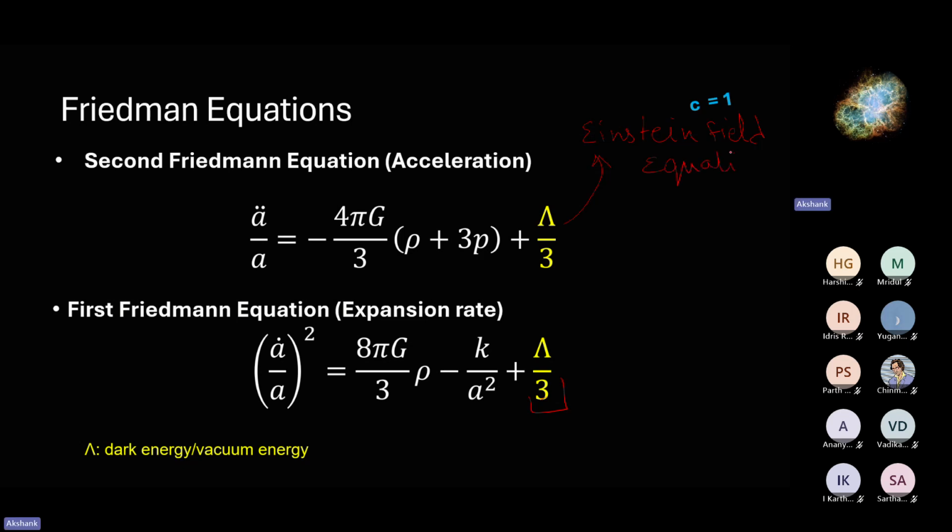And from there, you generate these first and second Friedman equations, which give you these lambda terms, lambda by 3. Again, some books will show this as lambda c squared by 3. I don't care. As I said, c is 1. So you just put c to 1.